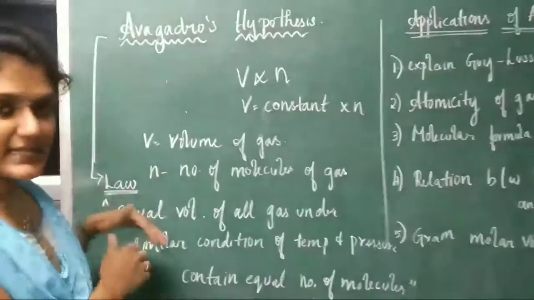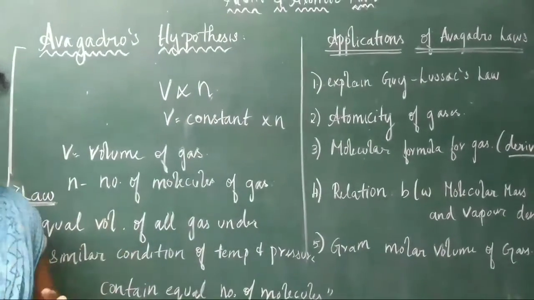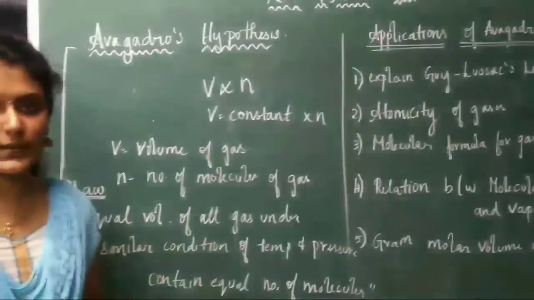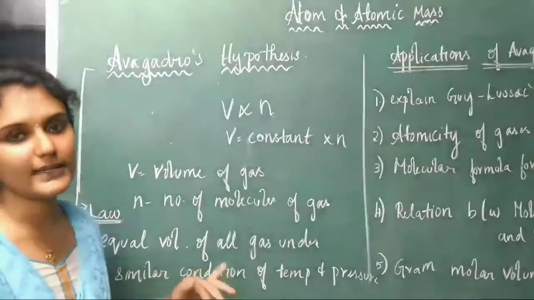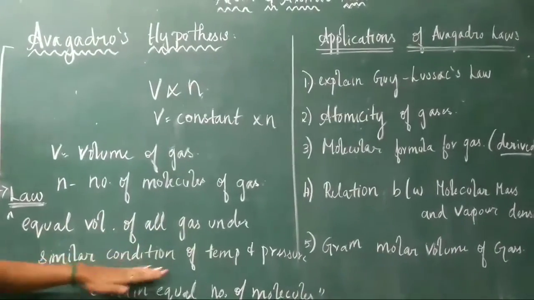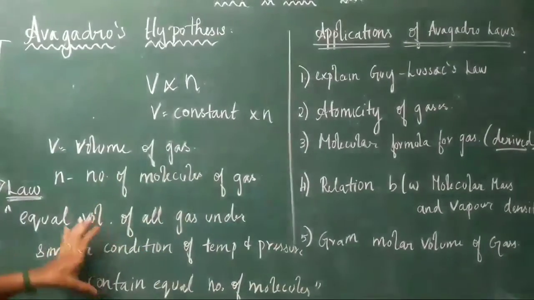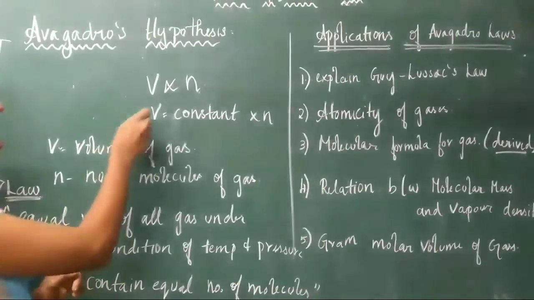Avogadro says that the molecules present inside will also be equal in all these gases. So equal volumes of all gases under similar conditions of temperature and pressure contain what? An equal number of molecules.